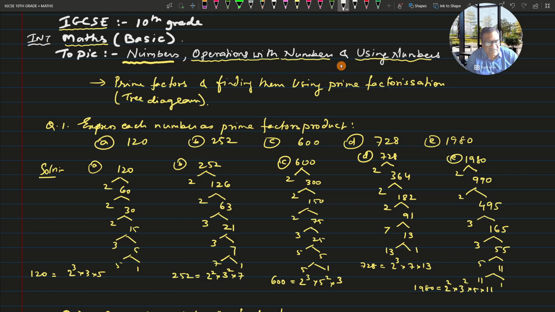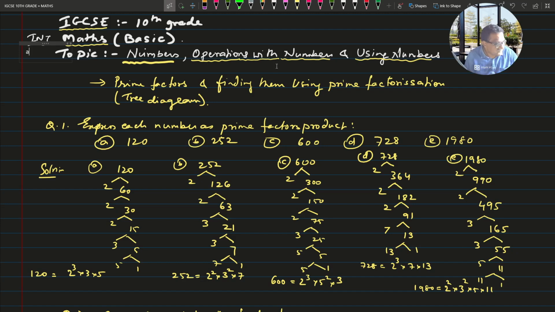These are the first three chapters which I'm going to concentrate on. So in the basic mathematics you have to study all these: numbers, operation with numbers, and using numbers. So I've chosen a few concepts and problems based on those concepts. Okay, so let us get started with it.